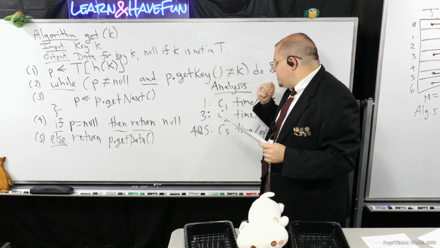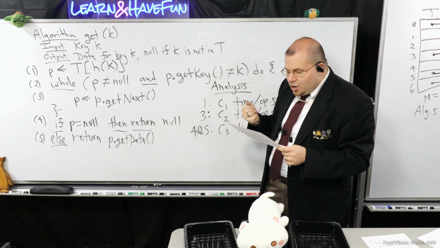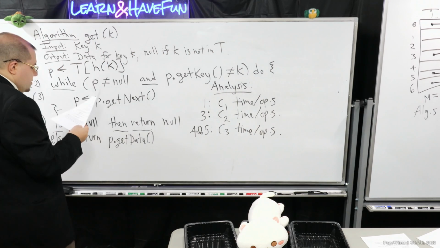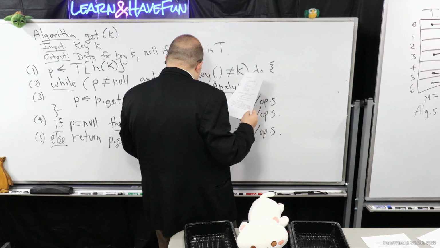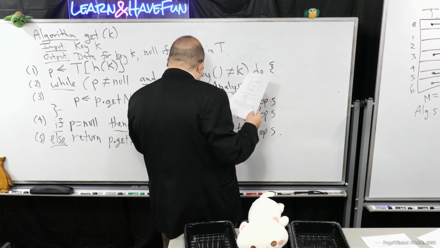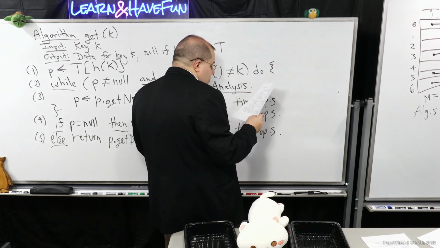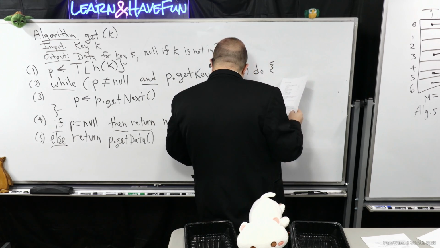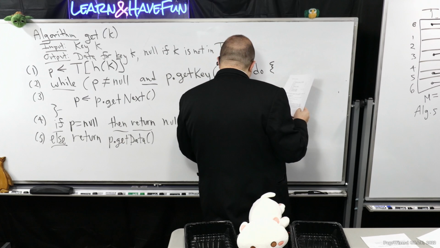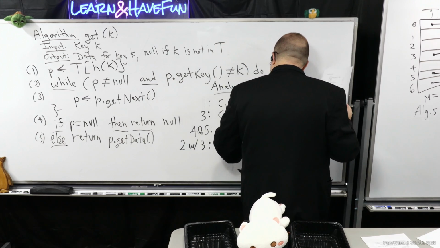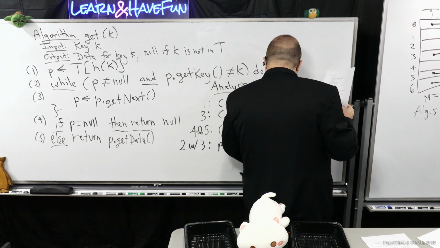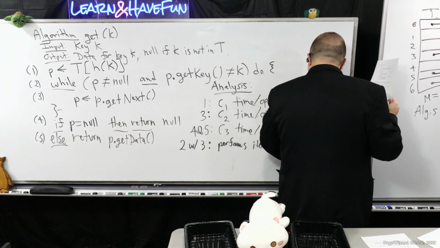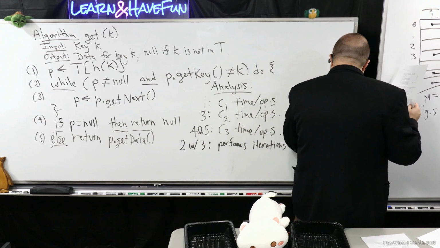So that means that if you take line 2 with line 3, it performs iterations based on the length of the list, right?